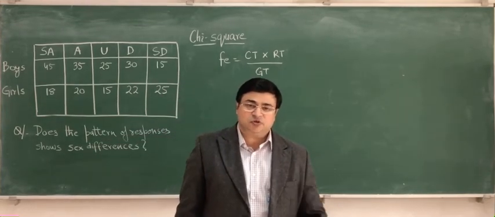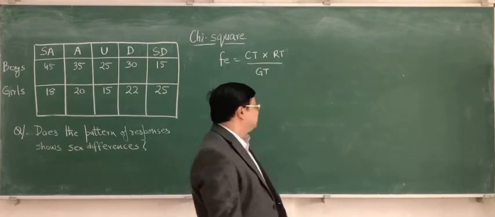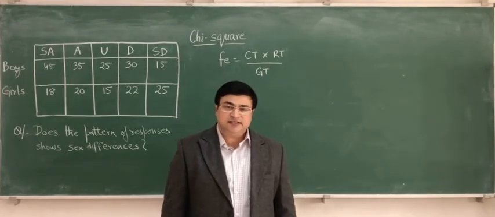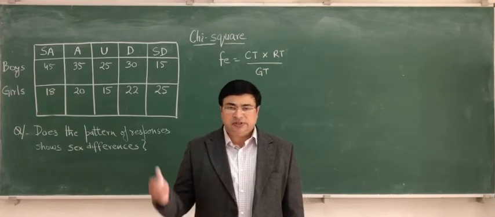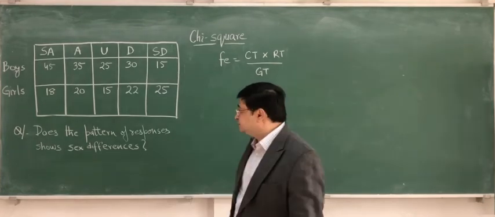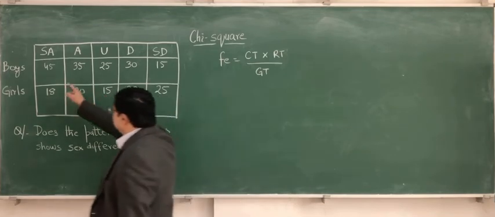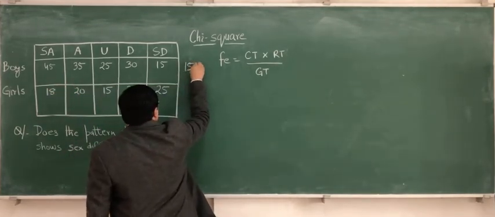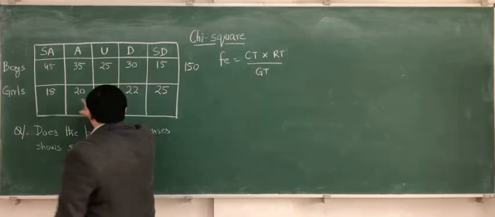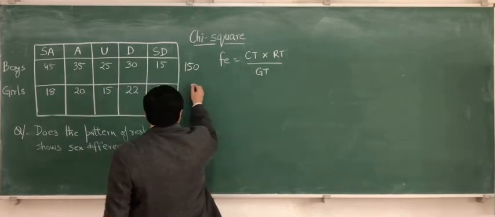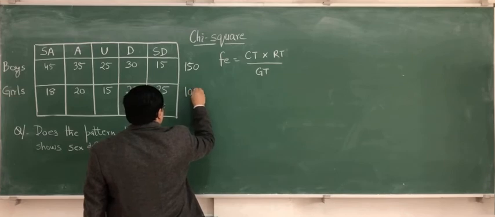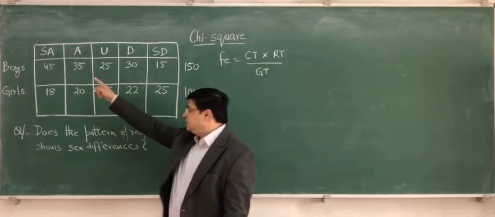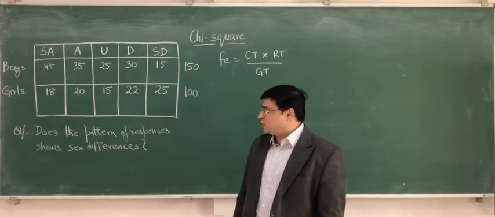CT is column total, RT is row total, and GT is grand total. So let's check. So this row total for boys is 150 and the row total for girls is 100. Similarly, we will do the total for each column.